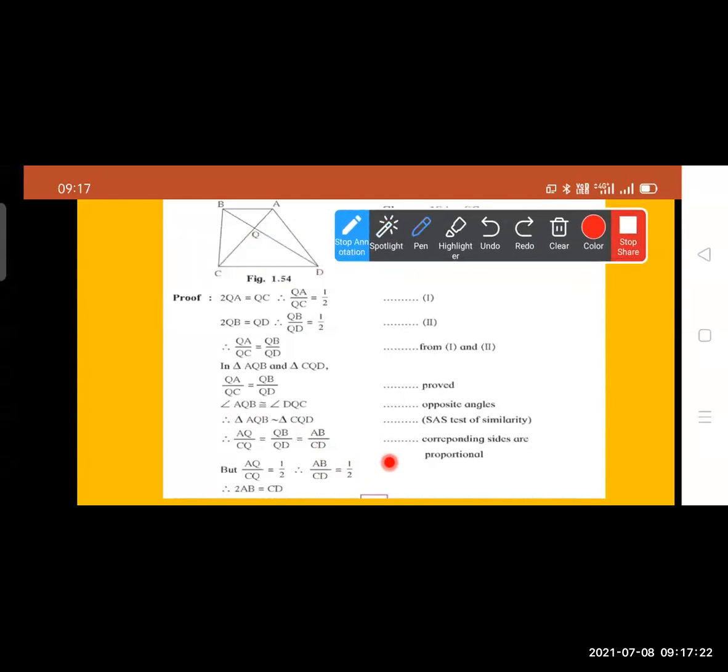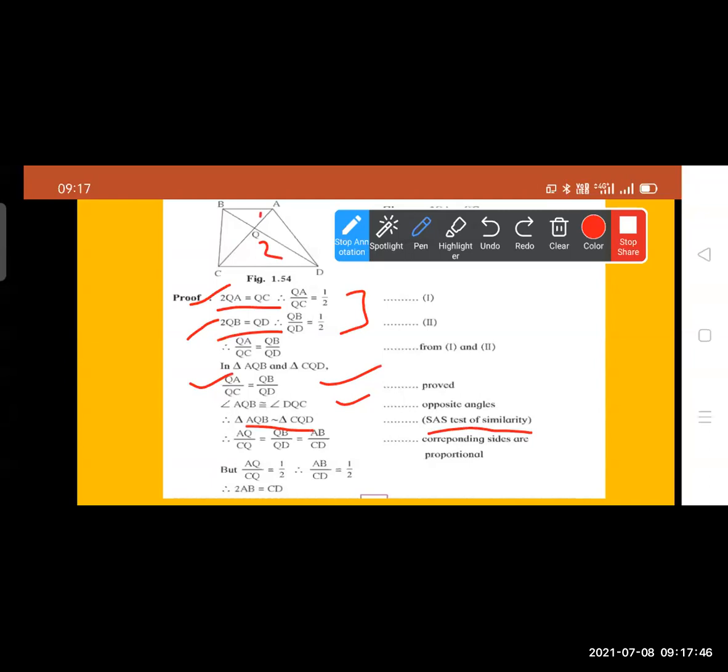Okay, now again see this question. By using the given condition, we write this one. Then we take these two triangles. In these two triangles, two sides are in proportion and one angle is congruent. Then these two triangles are similar by SAS test of similarity.